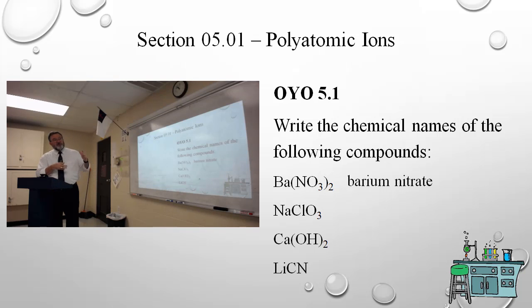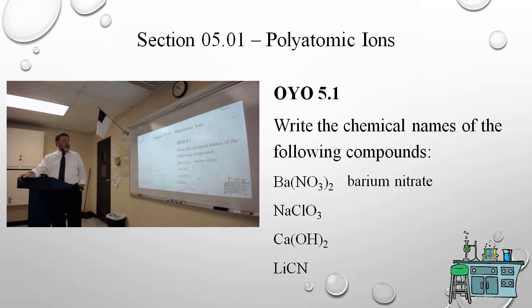That charge is what? -1. Since that nitrate has a -1 charge, or 1 negative charge, it takes 2 of them to cancel the charge of a barium ion, which is a column 2A element, meaning it's a +2. That's why it takes 2 nitrates to equal and counter the charge of 1 barium ion.